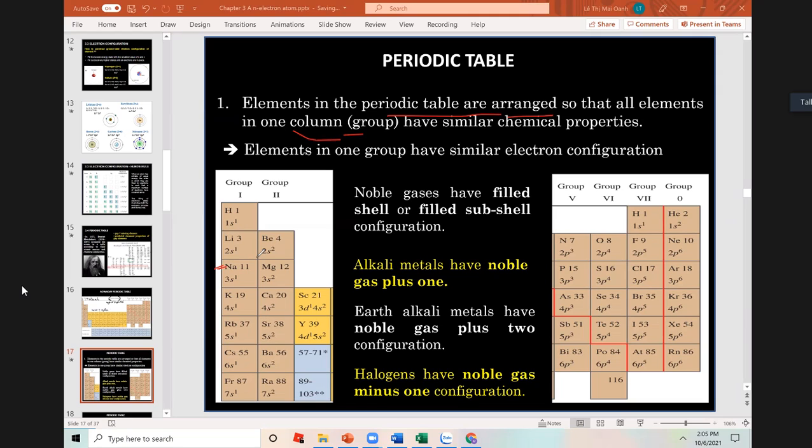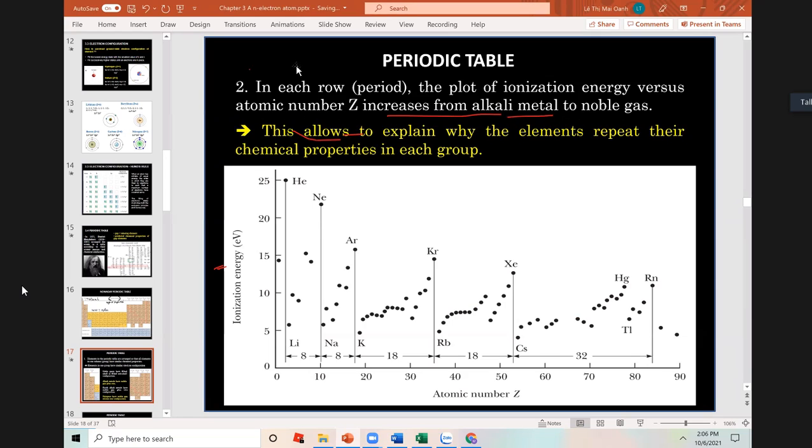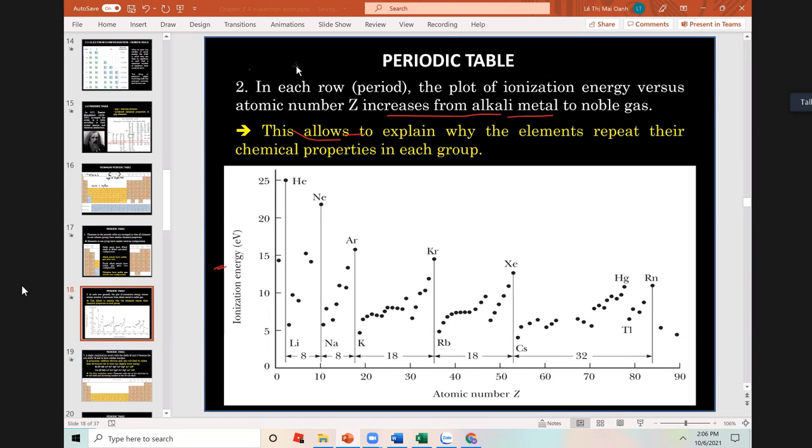And the second property of the periodic table: in each row, or period, you have a change of ionization energy. Ionization energy is the energy you need to supply to a neutral atom to take one electron from the outermost shell, so an atom becomes an ion.